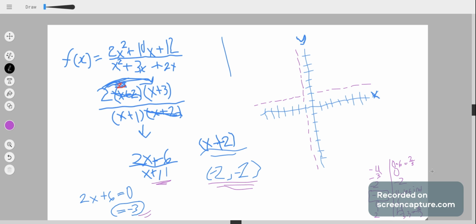So, now that we have our points to plot onto the graph, I did do this beforehand, so keeping this in mind, we're going to have one at negative 4, 2/3, so somewhere around here. Actually, let me use a different point color.